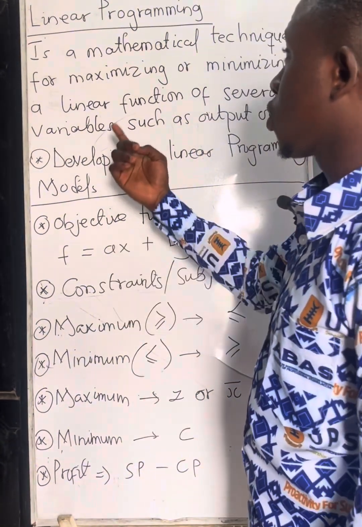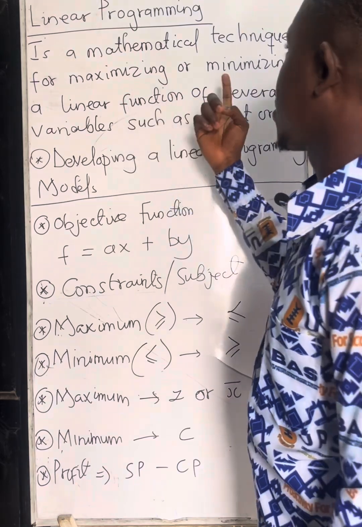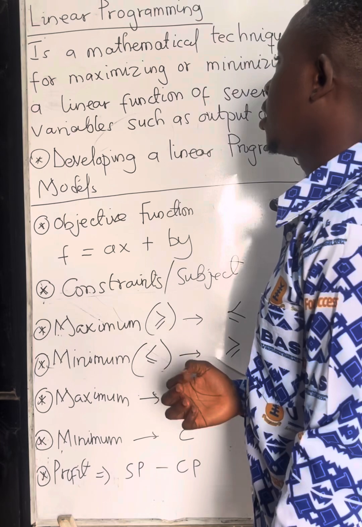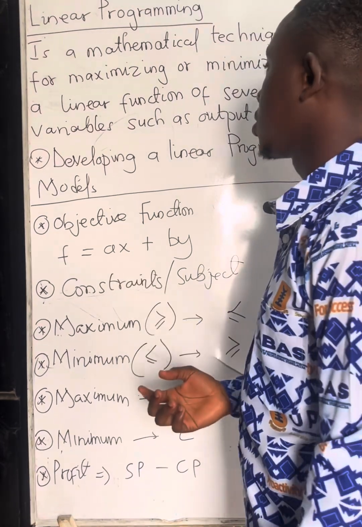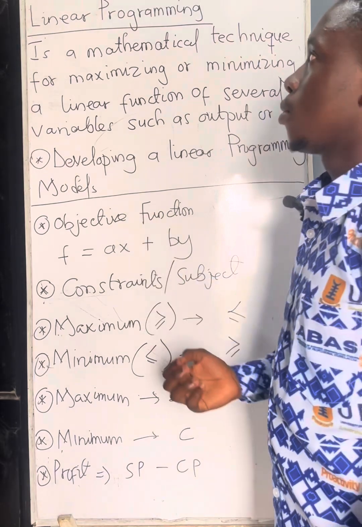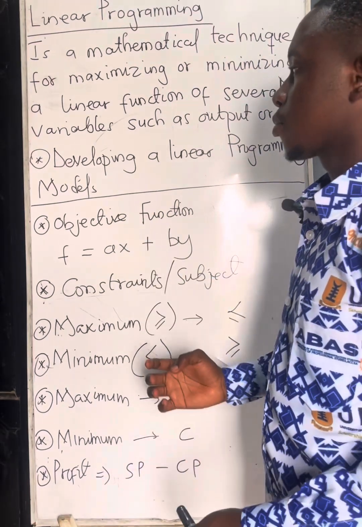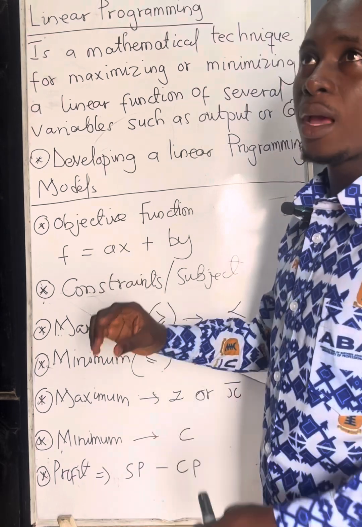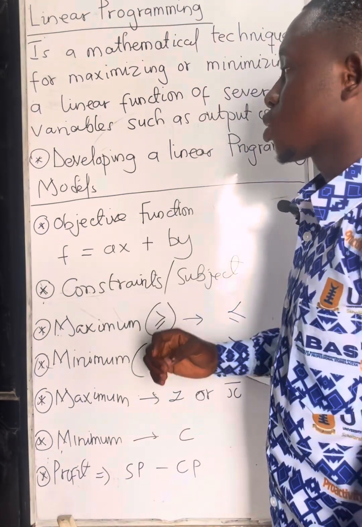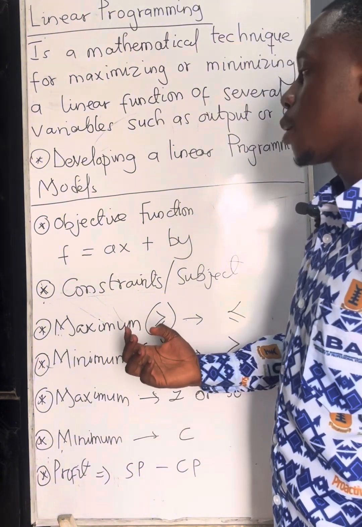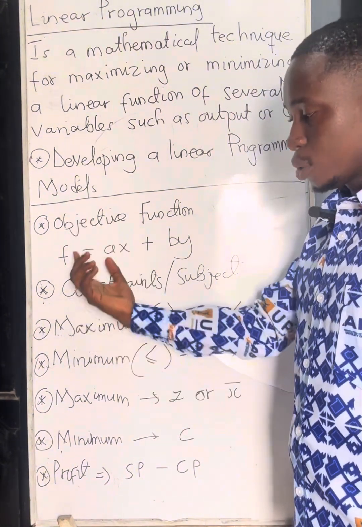Linear programming is a mathematical technique for maximizing or minimizing a linear function of several variables, such as output or cost. With linear programming, we have ways we are going to develop a linear programming model. Some of the ways we are going to use in developing the model are labeled below.